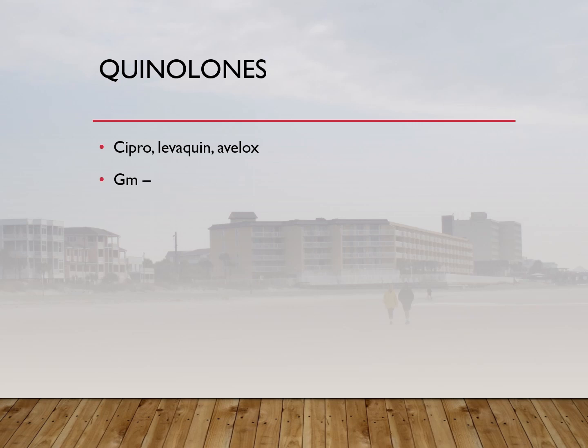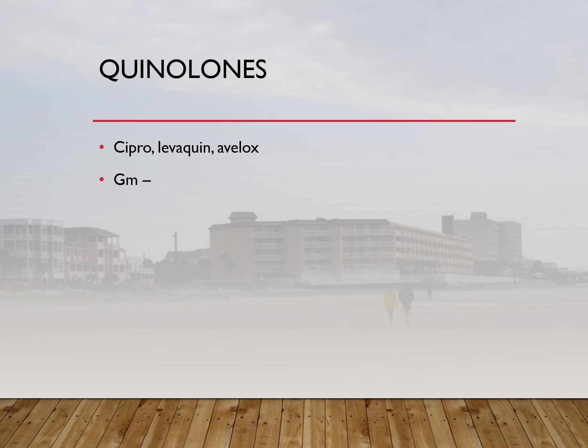Quinolones. Quinolones are a pretty amazing advance because these are antibiotics that will penetrate most organs very nicely and really allow us to treat people that would have had to go in the hospital years ago. They are great on gram negatives, fairly good on gram positives.